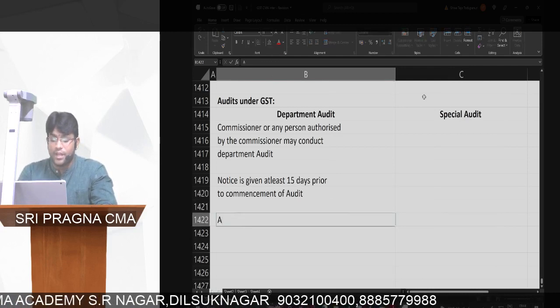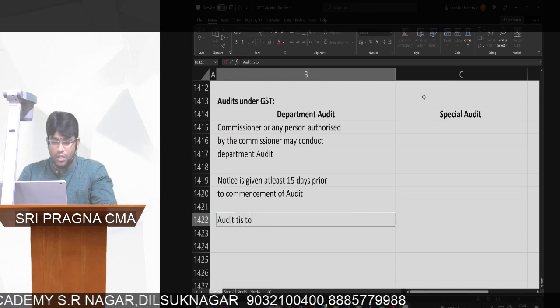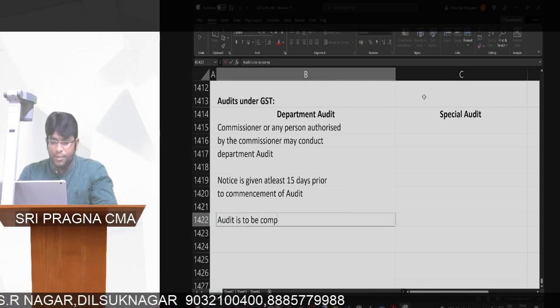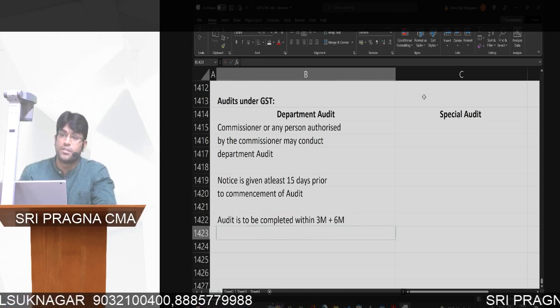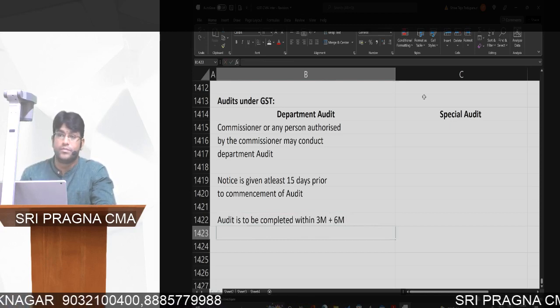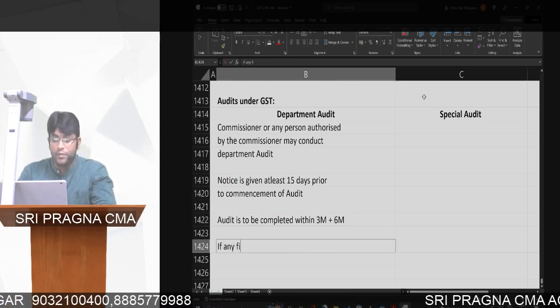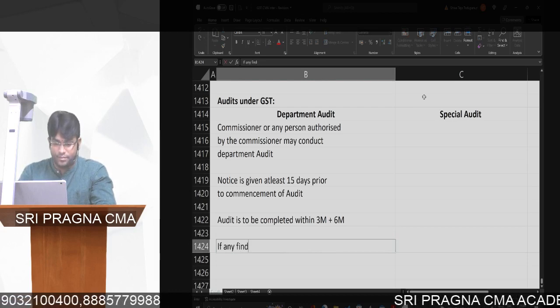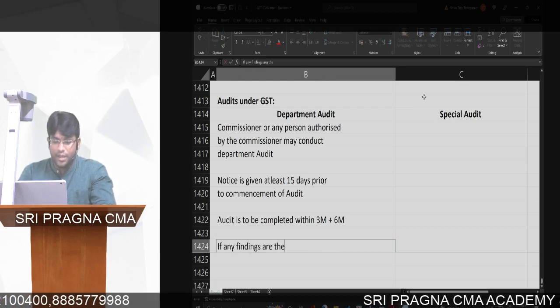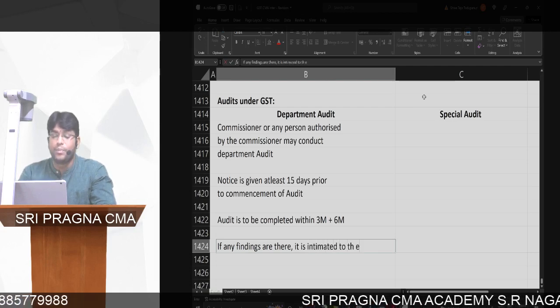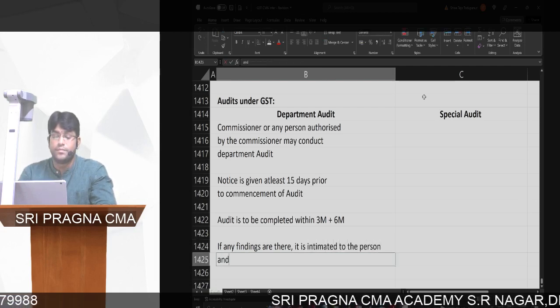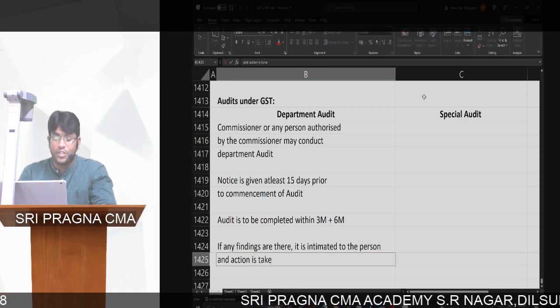Another interesting concept is that the audit is to be completed within 3 months. Further extension, 6 months. Next, if any findings are there, it is intimated to the person and action is taken.